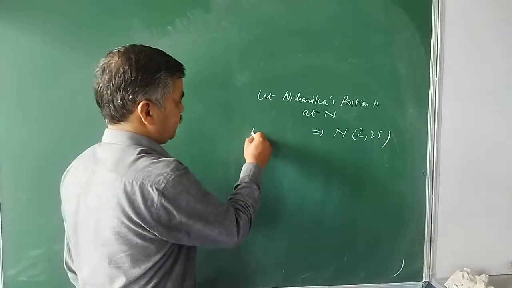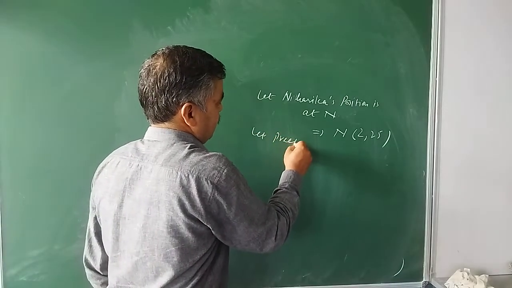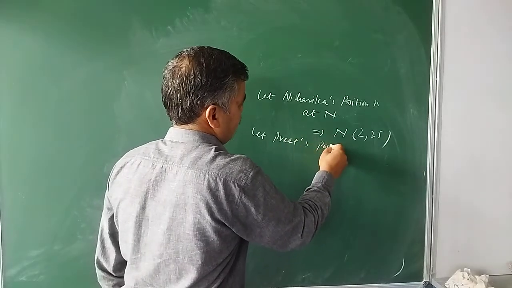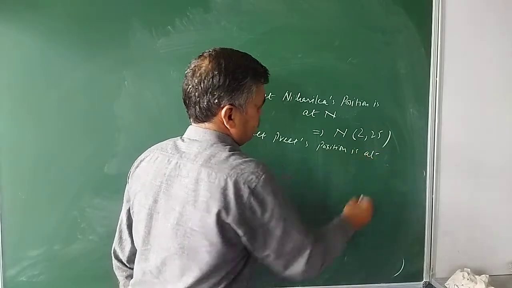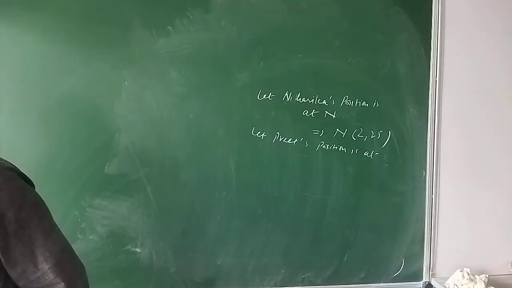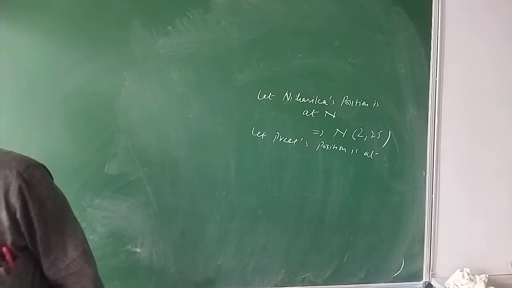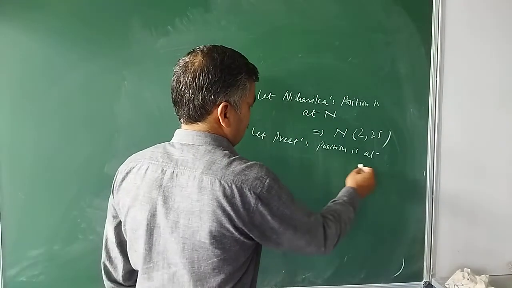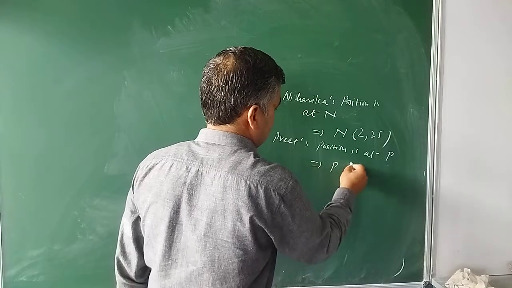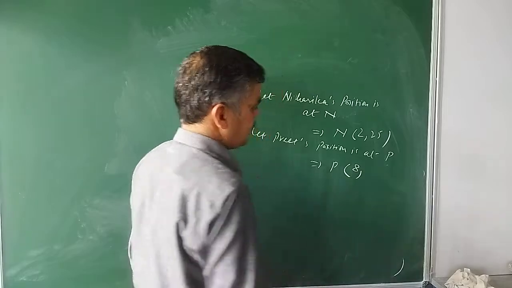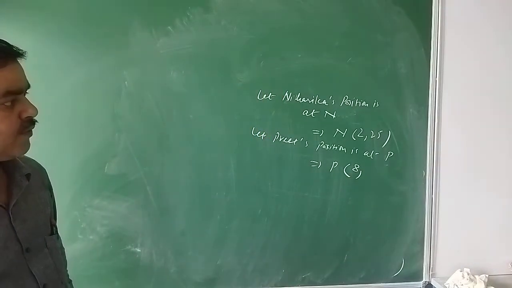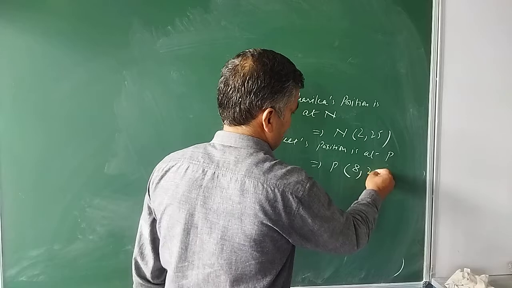And then second is Preet. Preet's position, suppose I'm taking it as P. So P: eighth row means along the x-axis, x is 8, and 1/5 of 100 is equal to 20.